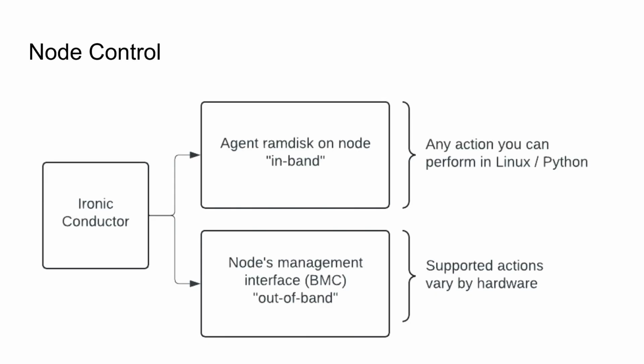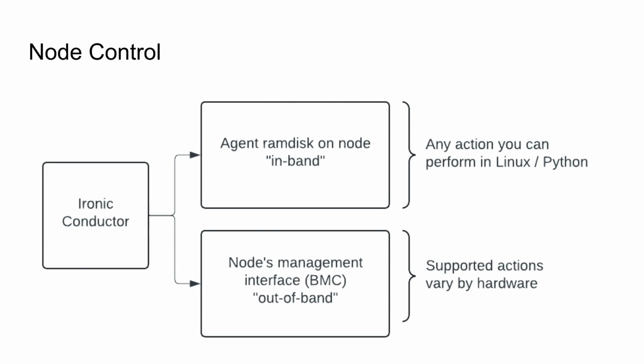But how does that work actually happen? Well, you have the Ironic conductor, which interfaces with your servers or your nodes in a couple of different ways. One of them is via the IPA, or Ironic Python Agent, RAM disk, which performs actions in what we call in-band on the node. And this is literally just a Linux operating system, where you can do things in Linux and Python. You can configure our agent to do it, even if you have to write a little bit of simple code to add to it yourself.